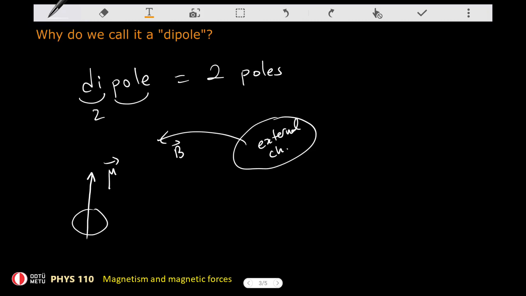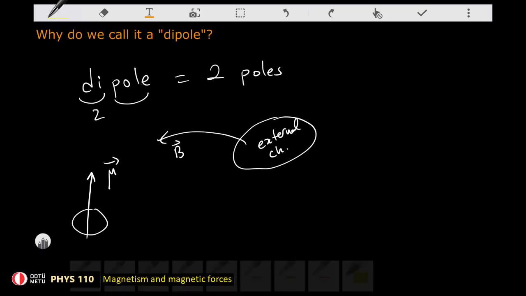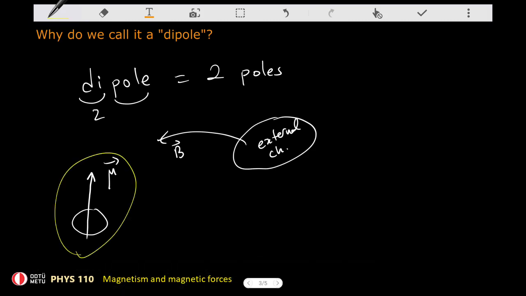But I can describe the interaction the other way around. I can think that this dipole here produces a magnetic field, not this one, right? I'm erasing this one now. I'm describing the magnetic field produced by my system with the yellow color here. This produces a magnetic field, and these external charges are interacting with this yellow magnetic field, right?